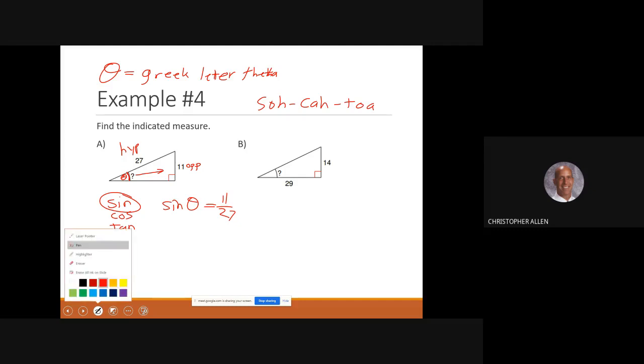It's just theta, T-H-E-T-A. I don't know if you're familiar with that Greek letter. It's just like x. We just typically use theta when we're talking about angles. So the sine of theta is equal to the opposite, which is 11, over the hypotenuse, which is 27.